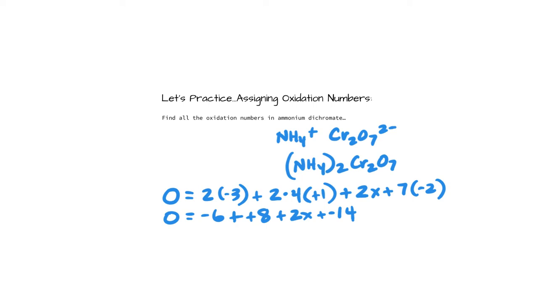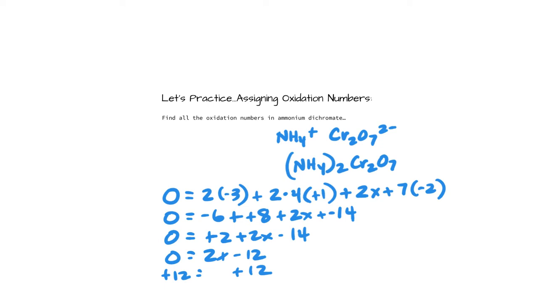So now let's combine our like terms here. So 8 plus a negative 6 becomes a positive 2. So 0 equals positive 2 plus 2x minus 14. I still have some that I can combine here. So 0 equals 2x minus 12, but I'm going to add the 12 to isolate the x.